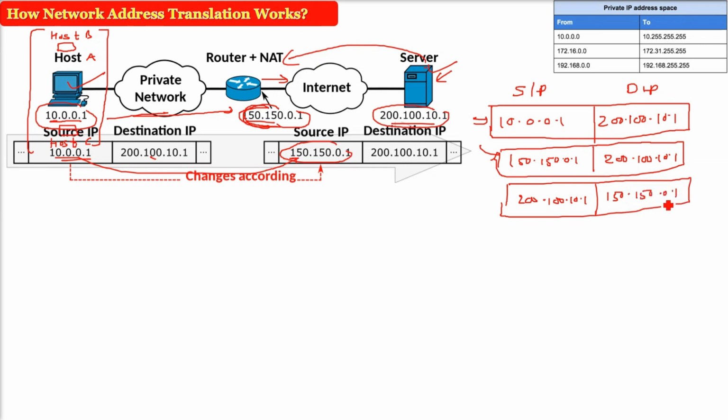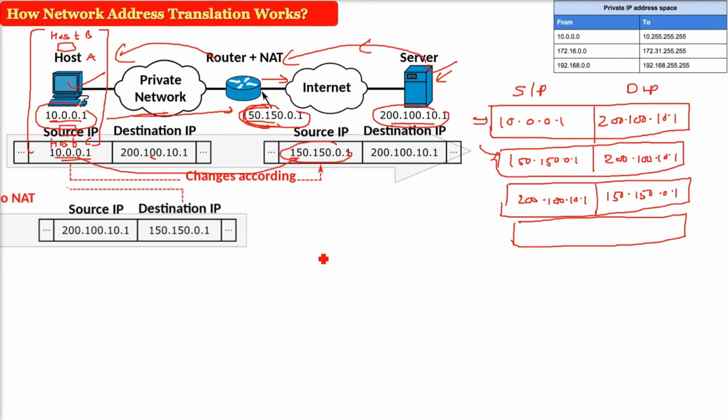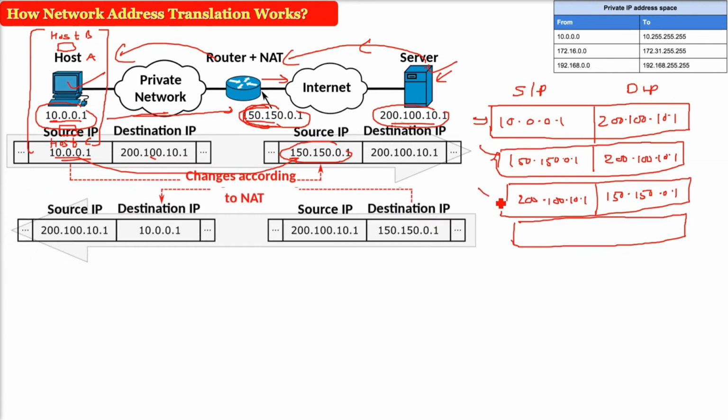Okay. But when the router gets that packet, it has to send it to the proper host. For that, it will do the network address translation. It knows that 10.0.0.1 was changed to 150.150.0.1. So it is my duty to change 150.150.0.1 back to 10.0.0.1. So while giving it back, the router will change its own IP to the private IP.